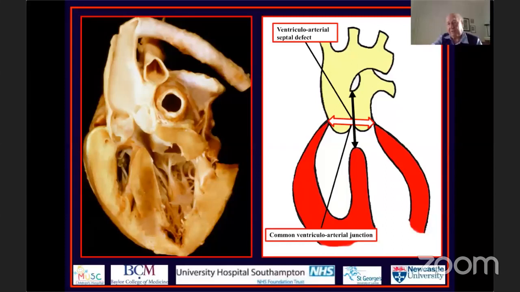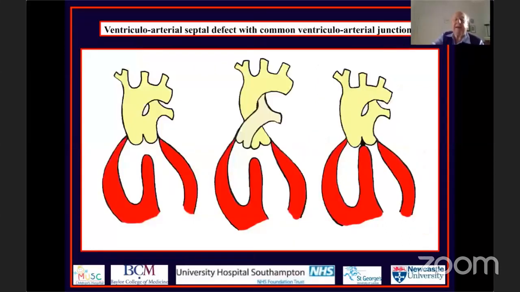And I'd like to suggest to you that we can consider that defect as a ventriculo-arterial septal defect. And then again, what I'd now like to suggest, based on information that's become available through one of Diane's exquisite hearts, is that shunting across this ventriculo-arterial septal defect depends on the level of the leaflets of the common truncal valve. So let me make an analogy again to what we were looking at just a moment ago with atrioventricular septal defect.